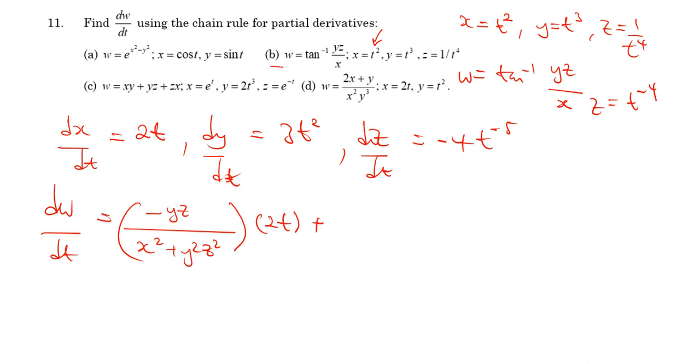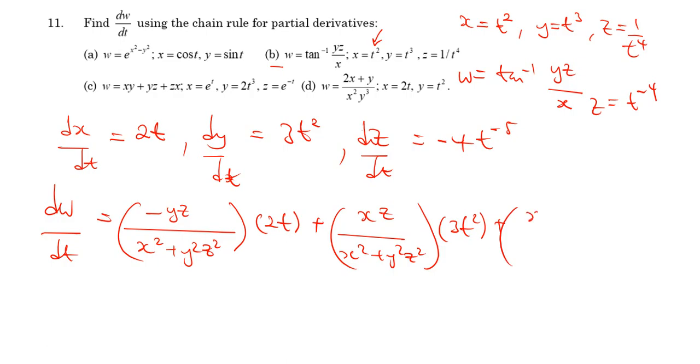Plus for y, that was xz over x squared plus y squared plus z squared, multiplied by dy/dt, that is 3t squared. Plus the last part, we found xy over x squared plus y squared plus z squared, multiplied by negative 4 t to the negative 5. So this is what you're going to get.